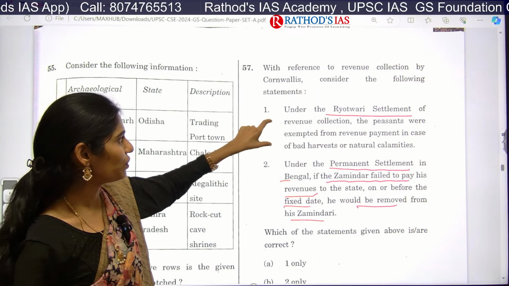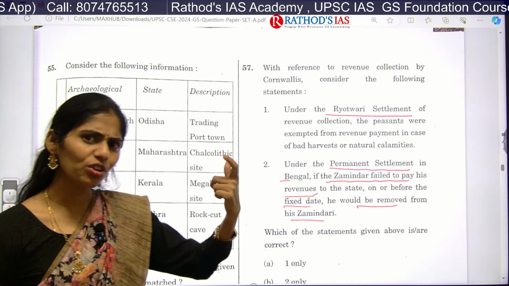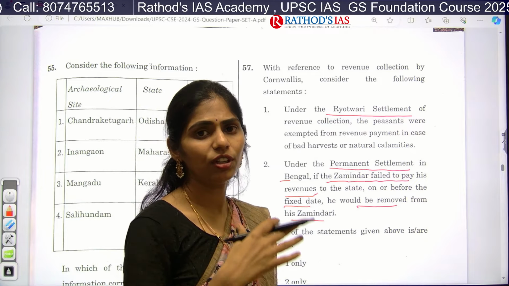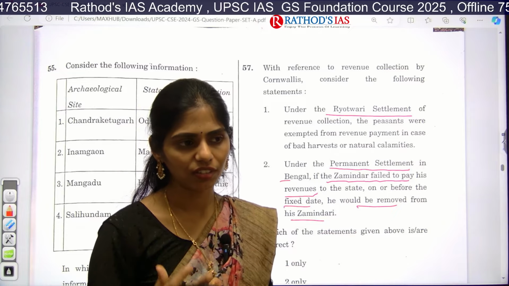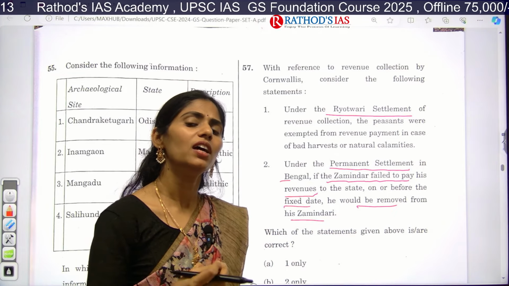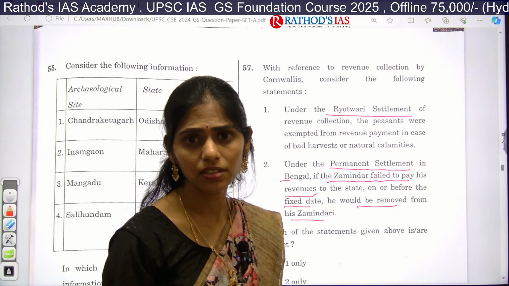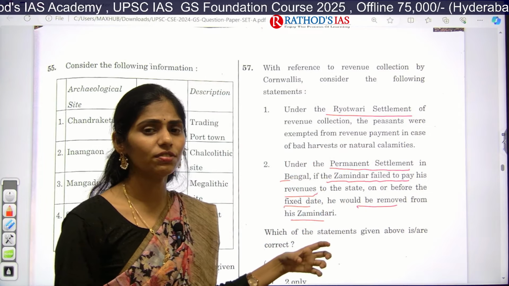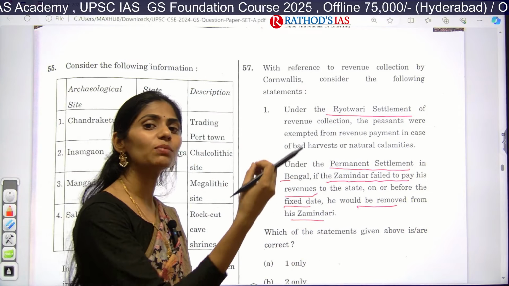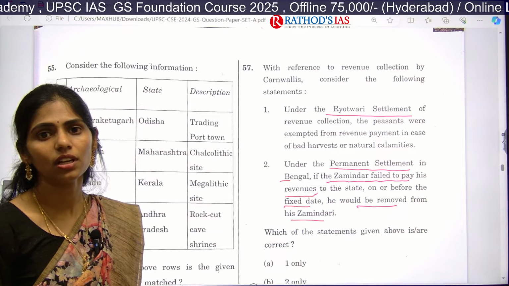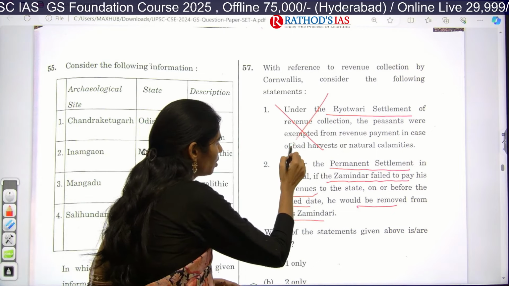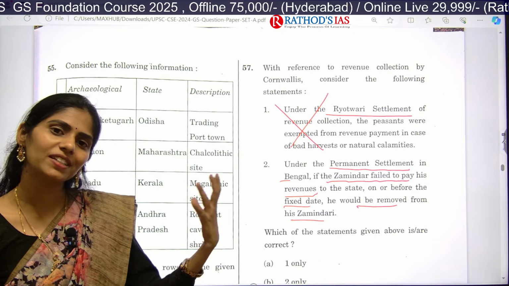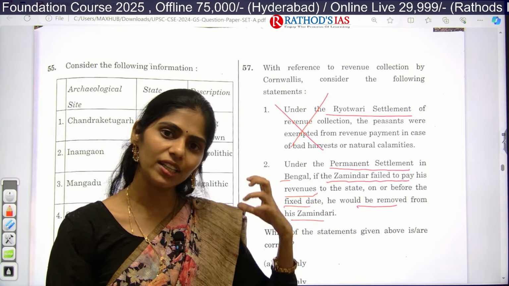So if you see this first system, have you ever heard that if they are having a bad harvest or calamities, these peasants were exempted? No. With basic knowledge itself you can say. So why did these peasant movements happen during this period? Because they were against these British policies. So this is wrong. If they were exempted, why were there peasant revolts? You can think in this way, right?